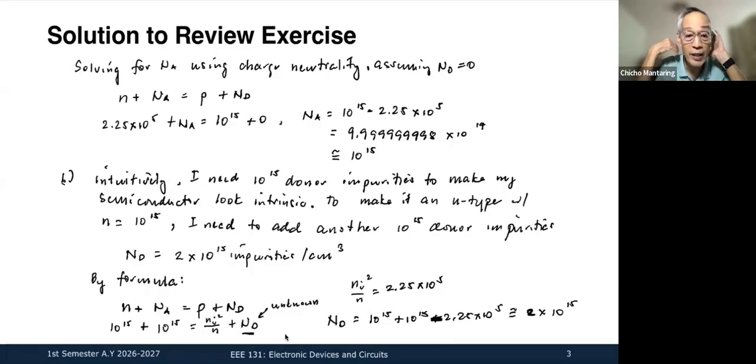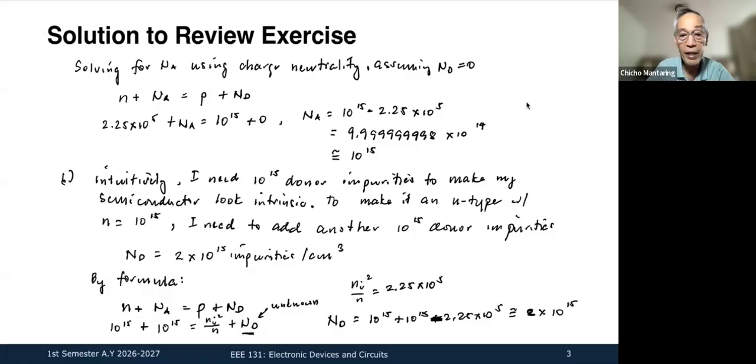So let's say you're insecure about doing an approximation, then you could have always used the formula. Any question? So I hope you become very comfortable doing these types of calculations, ano?